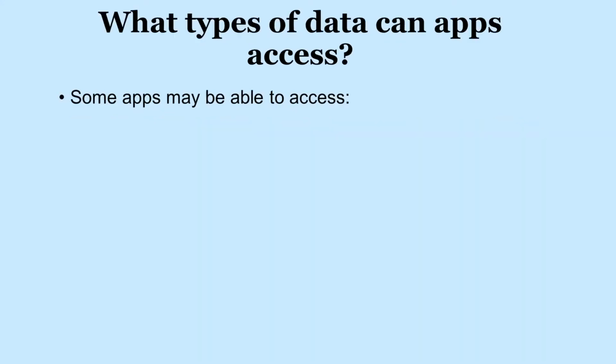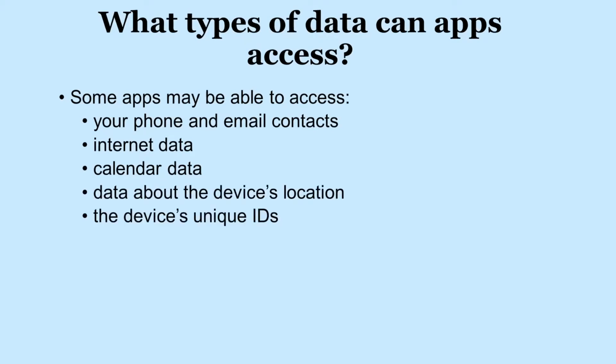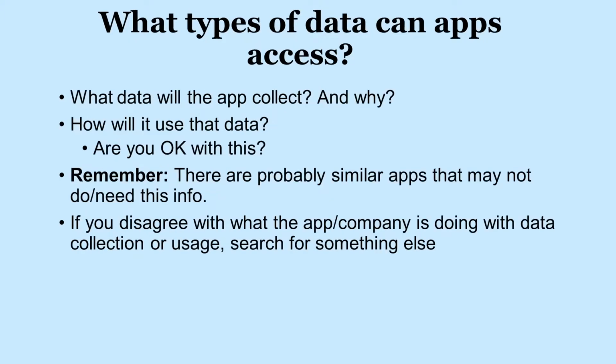because they may be able to access, I get this, your phone and email contacts, internet data, calendar data, data about the device's location, the device's unique IDs, and information on how you use the app yourself, which, by the way, can also record keystrokes and mouse strokes.